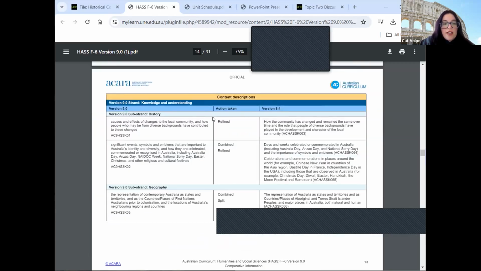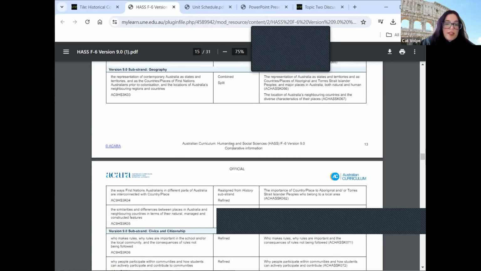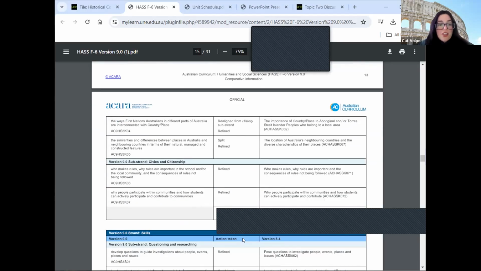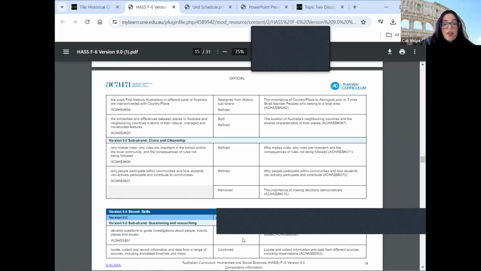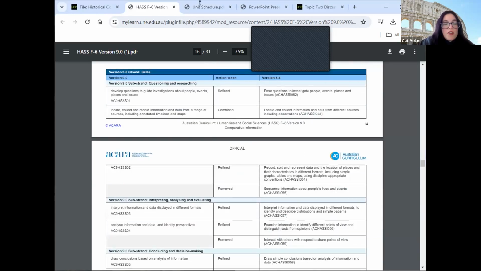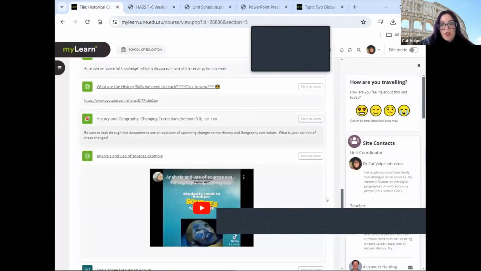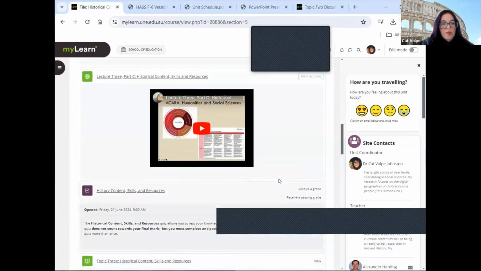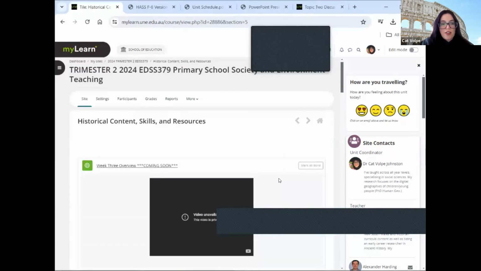We can look here at things that have changed, for example, whether content areas have been refined, combined, split, removed, what the implications are of these points that have been removed from the curriculum, or whether they've been refined and in what ways and how that makes a difference. So we will be looking at that as well this week for sure. So that's your material for this week to get through. There's quite a bit there, so take the time that you need to do that.